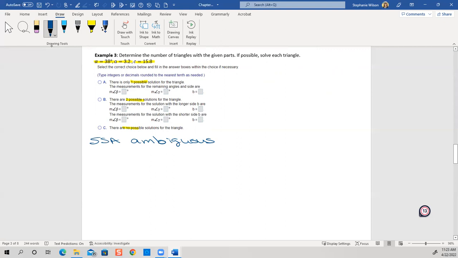Ambiguous means open to more than one interpretation, have a double meaning, or unclear, inexact because the choice between the alternatives has not been made. So what we're going to do is just figure it out. So if A is greater than or equal to C, then there is only 1 triangle.